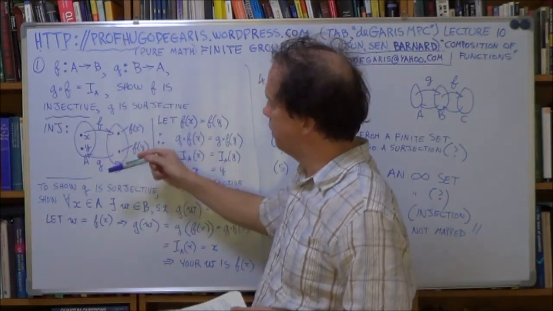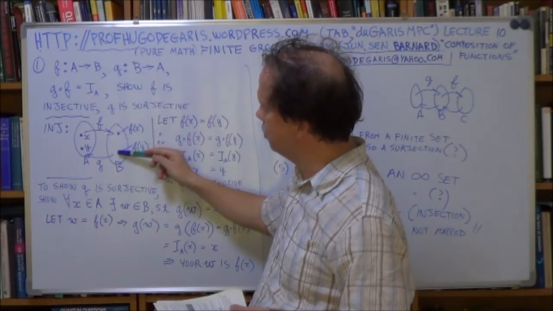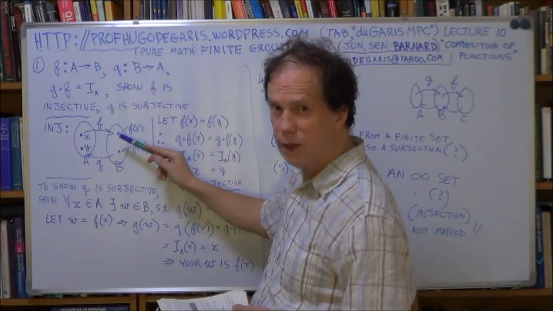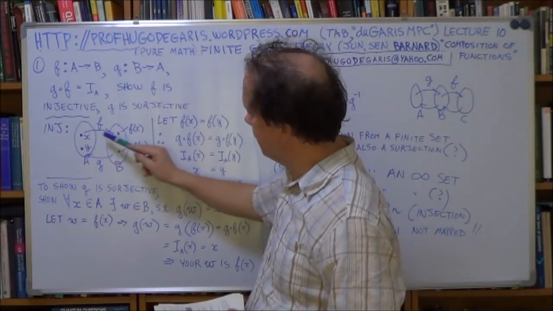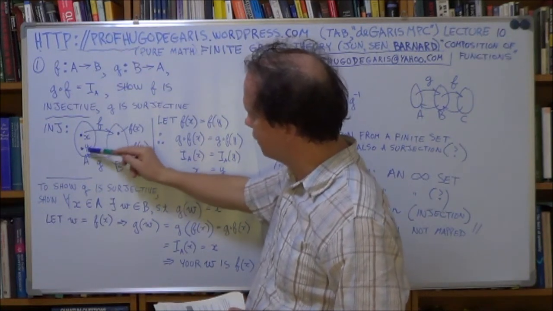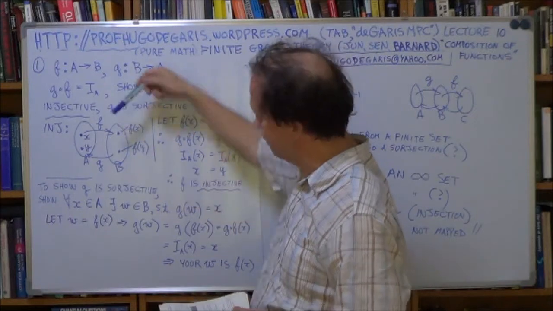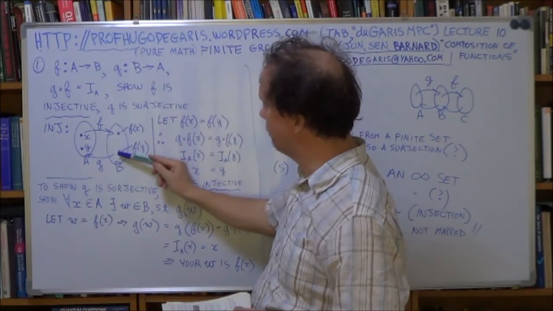The typical method: you let two elements be equal. So let's say 2 elements in A, X and Y. So X maps to F of X here, and let's say Y maps to F of Y here.